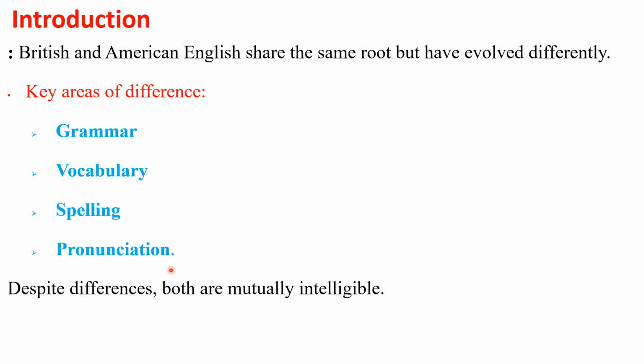In American English, R is usually pronounced. These are the key areas of difference we see between British and American English. Despite the differences, both are mutually intelligible and comprehensible.